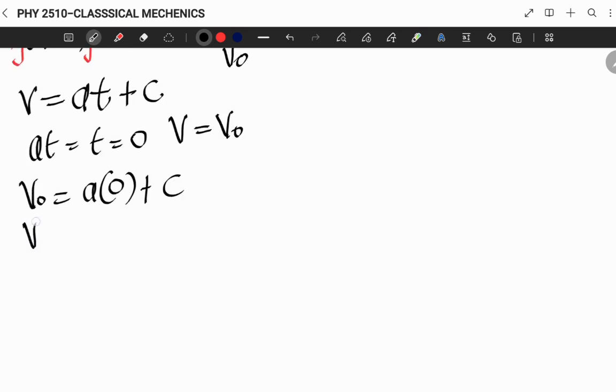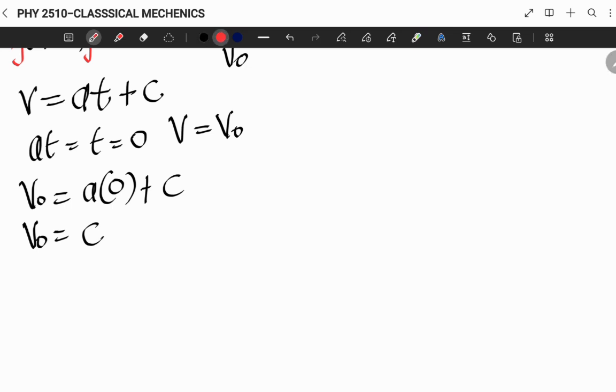So v naught is equal to a times 0, which gives 0, to give us c. So what does this mean? That constant we put after integration in mathematics means, in science, the initial velocity. In this context, our constant is the initial velocity.